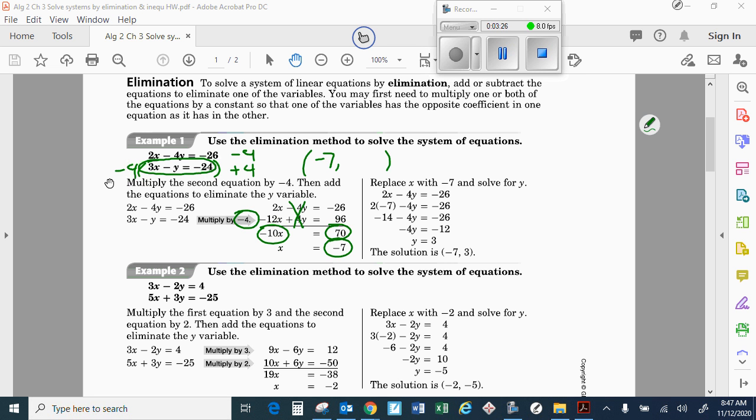Because if I want to solve for y, can I just add the y across and I get y equals negative 3x minus 24. Okay, so I'm going to plug negative 7 into there. So now I have y equals negative 3 times negative 7 minus 24. And 21 minus 24 is negative 3.